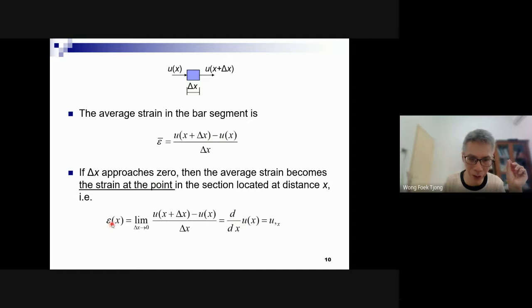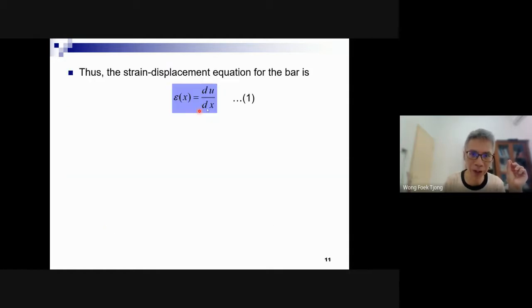So the strain is the first derivative of the displacement. That's the kinematic equations. Any questions? In other words, if we know the displacement field, we can easily compute the strain by taking the derivative.